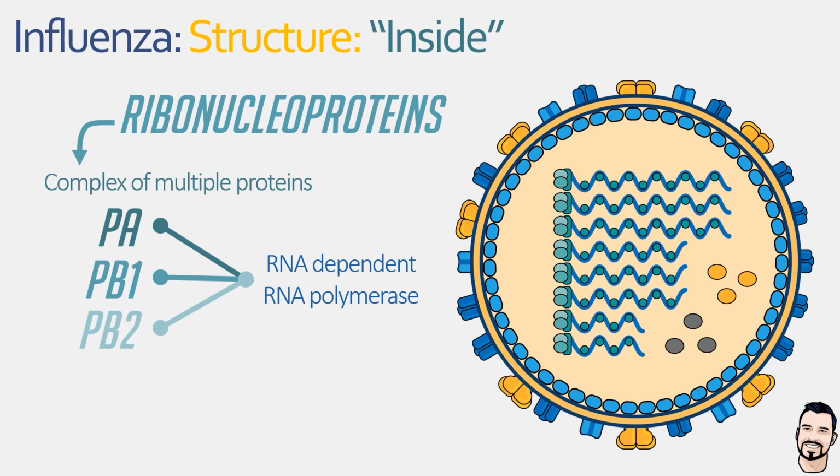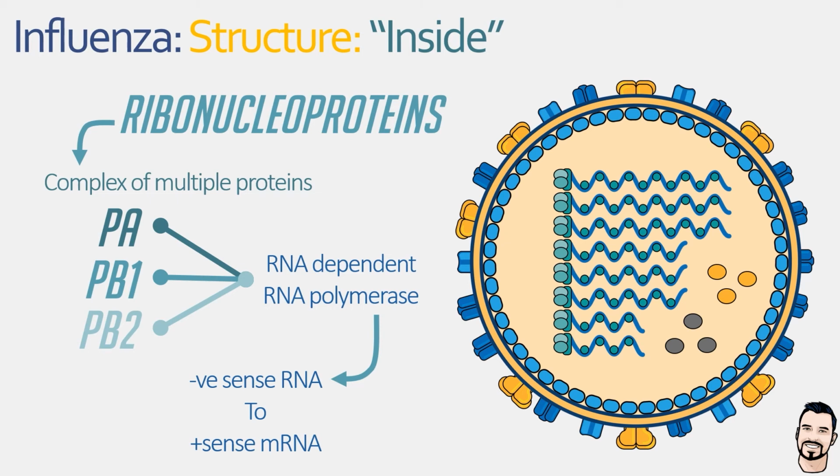Now, this RNA-dependent RNA polymerase complex, as the name suggests, is extremely important in transcribing the viral genome into a readable positive sense RNA so that it can be transcribed whilst also aiding in the replication of a new viral genome. And essentially that is the structure of the virion for influenza.